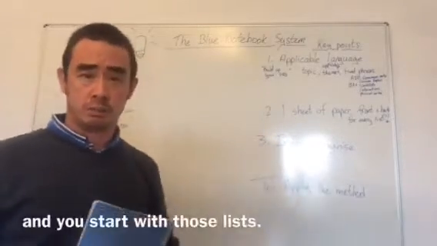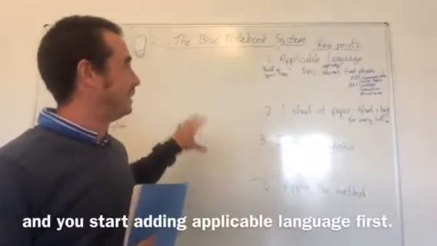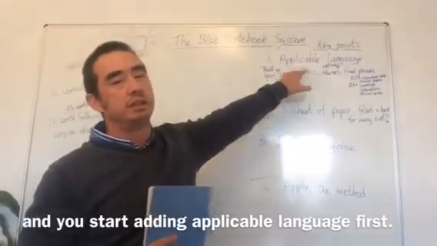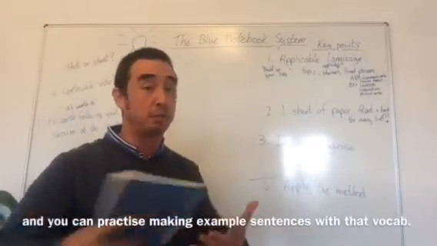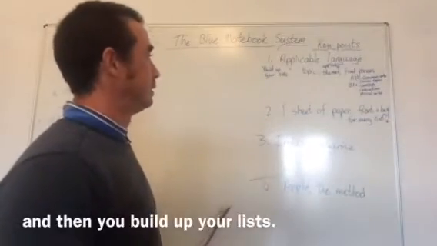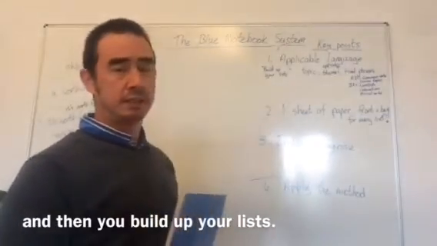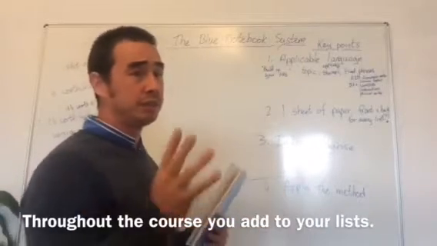So you start with those lists and you start adding applicable language first. The stuff that you can use, the stuff that you can apply, and you practice making sentences with that vocab. And then you build up your lists. Throughout the course, you add to your lists.